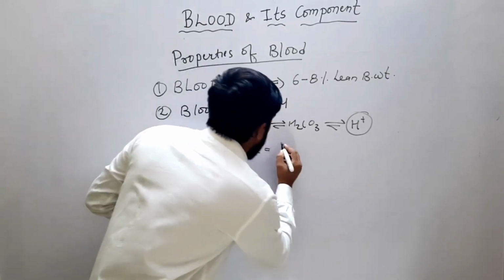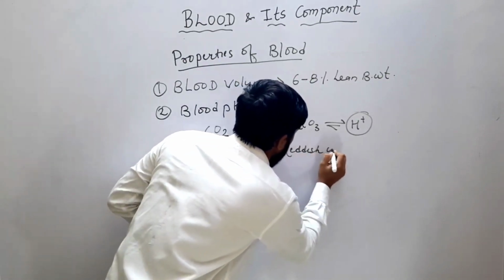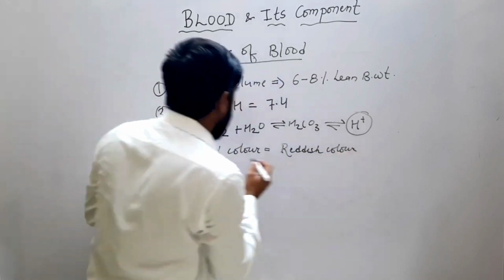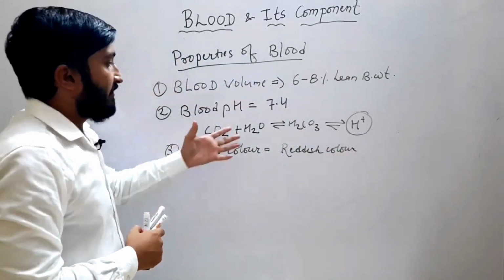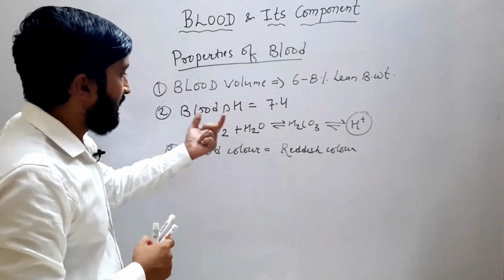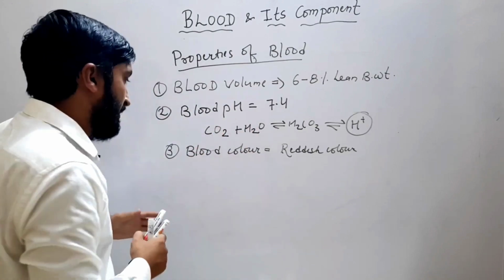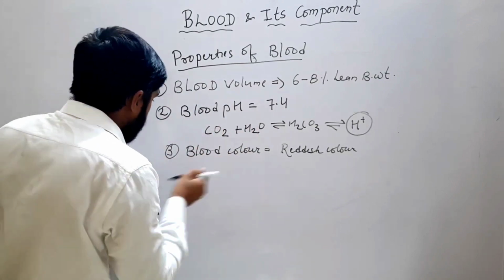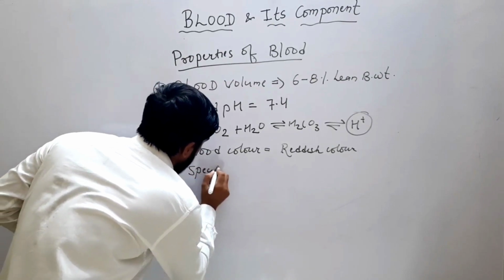But arterial blood is bright red in color, while venous blood is dark red in color. And the fourth one is specific gravity.